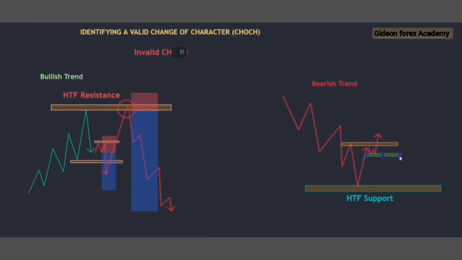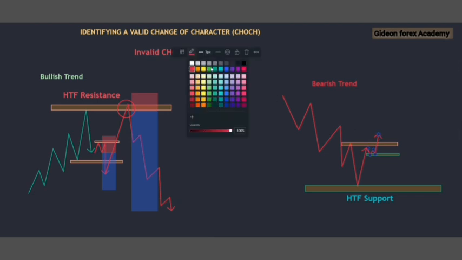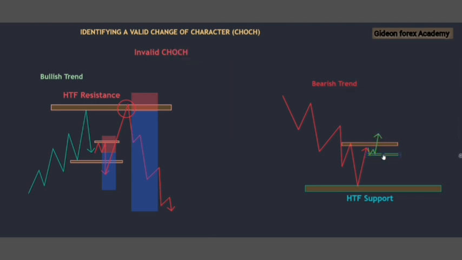When they saw a pattern like a double bottom, they thought, oh, this is an area of demand, and they started to buy prematurely here.